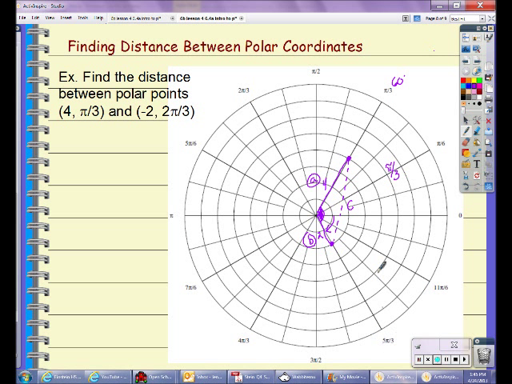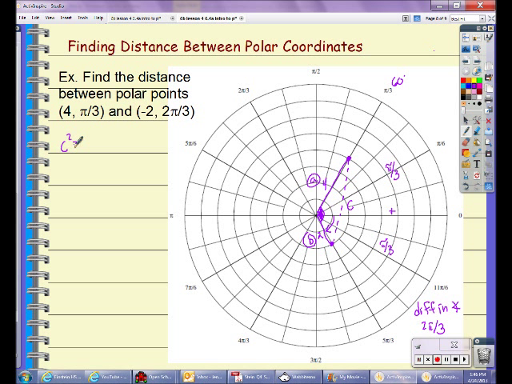I'm getting rid of one of those, so this is another pi over 3. Add those together, and my difference in angles should be 2 pi over 3. Now let's plug that into law of cosines.